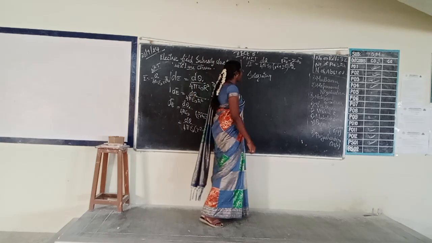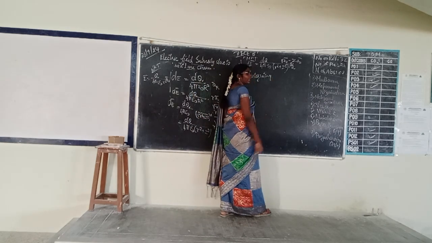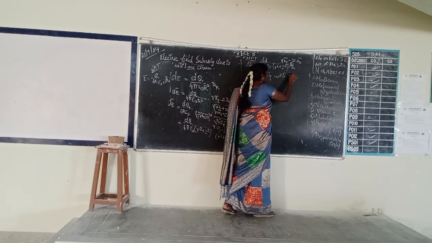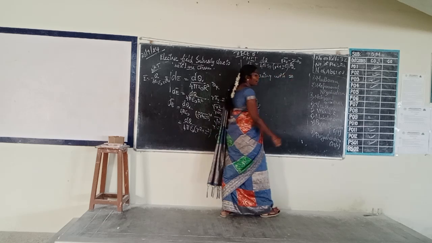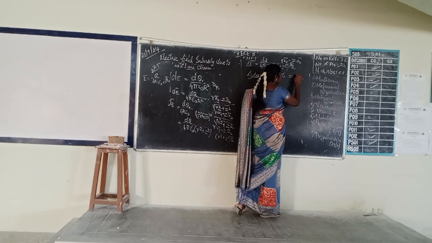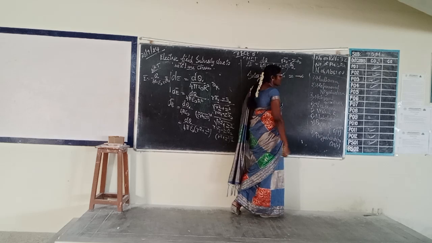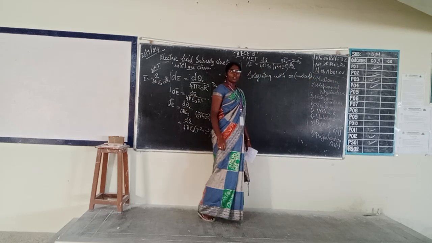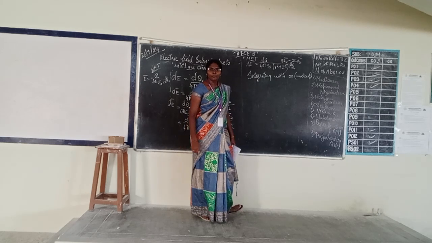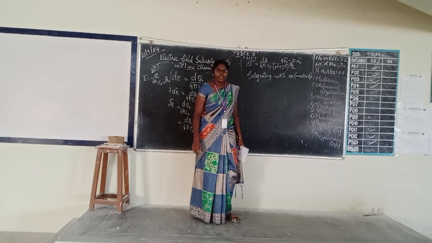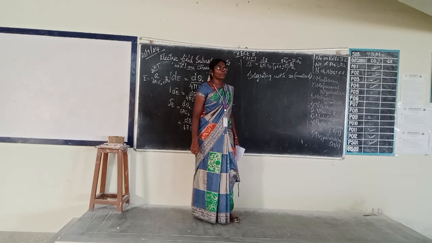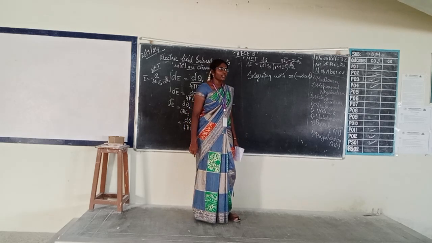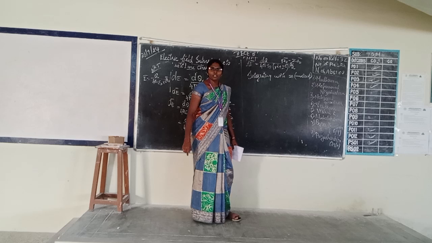While integrating, with respect to what? Since it lies along the z axis, the lower limit is minus infinite and the upper limit is plus infinite. Have you noted that in your diagram? The infinite line is along the z axis, minus infinite to plus infinite.